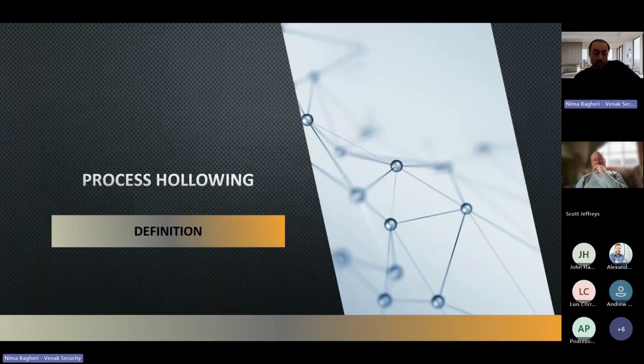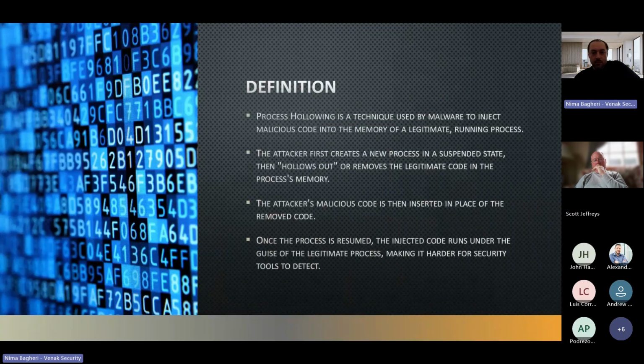Allow me to show you some examples of process hollowing. Well, you might ask what process hollowing is. Basically, process hollowing is a technique used by malware to inject malicious code into the memory of a legitimate running process. For example, you're running an application on Windows, and what hackers do is suspend that process.